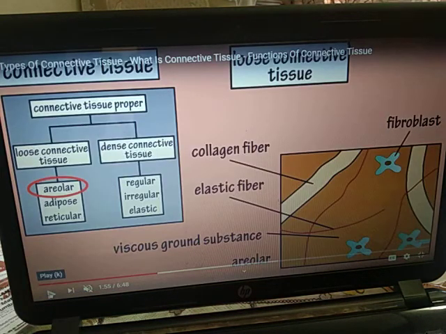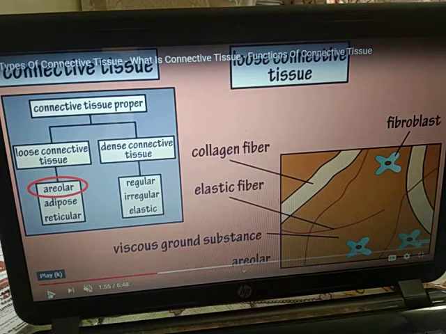Now let's discuss the loose connective tissue. In loose connective tissue, the arrangement of the molecules is not very compact. So in that we can find various components. There are fibroblasts, collagen fiber, elastic fiber, and the ground substance is viscous.